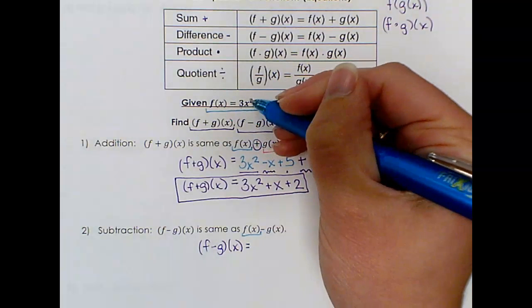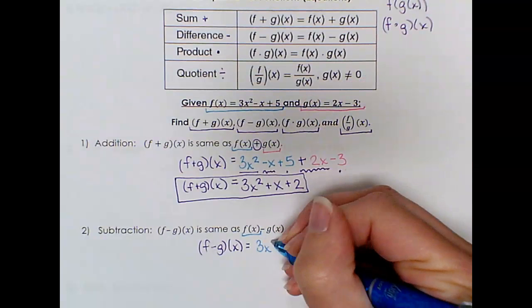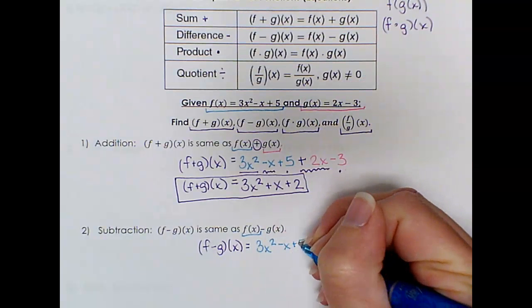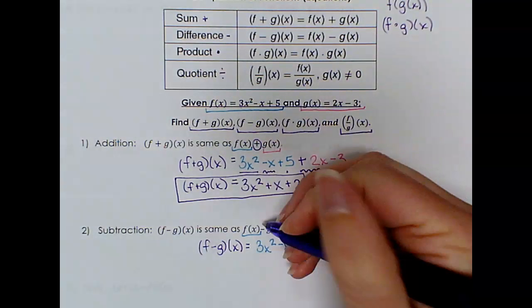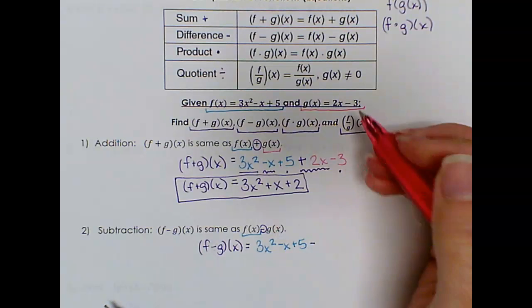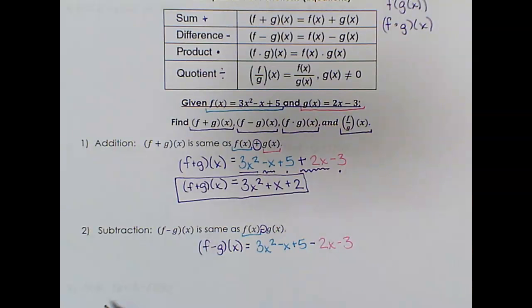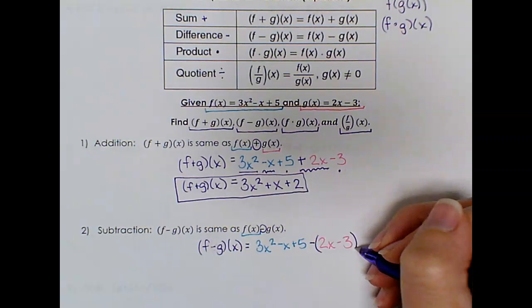So it's 3x squared minus x plus 5, and I'm going to subtract, and I'm subtracting a whole function. So instead of filling this in with just 2x minus 3, I need to make sure that I subtract the whole thing.